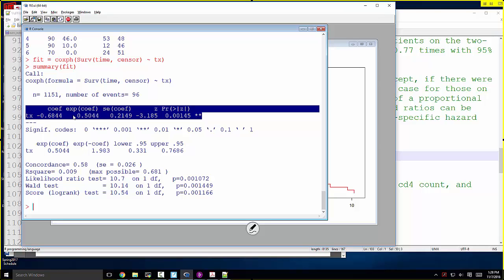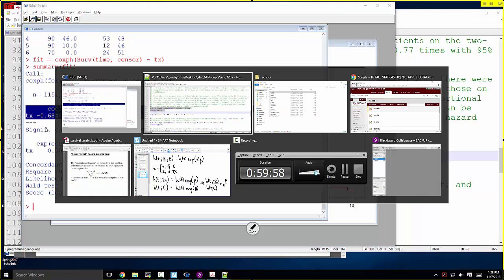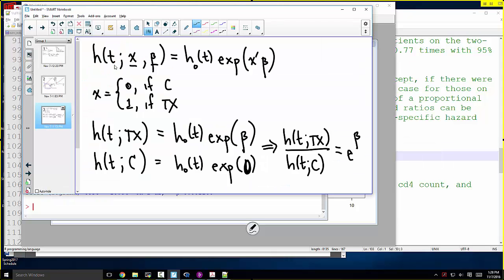There is no intercept in a Cox proportional hazards model. The reason for that, I'll say more about it next time, is that the Cox proportional hazards model essentially treats the baseline hazard as the intercept.